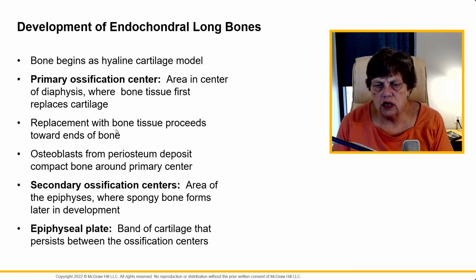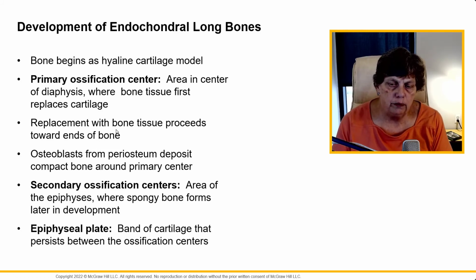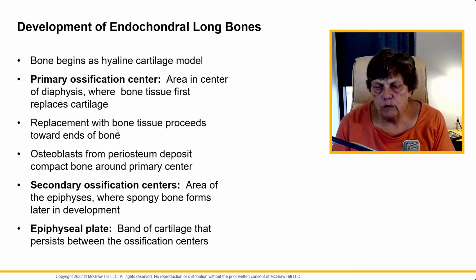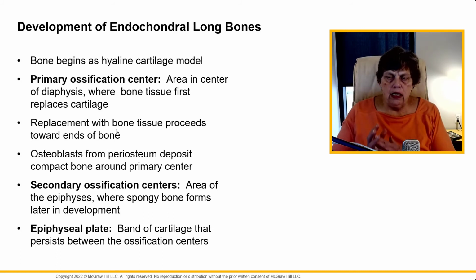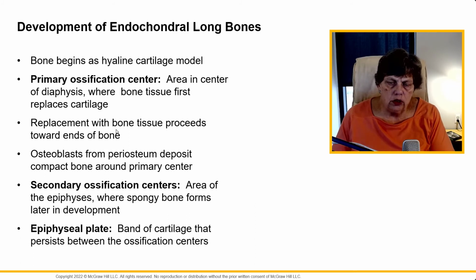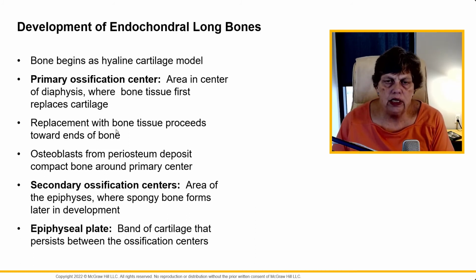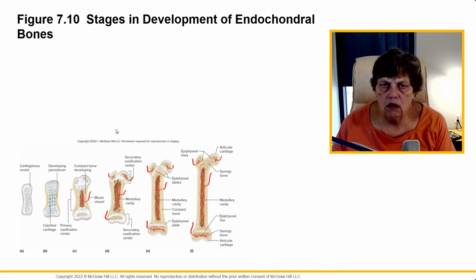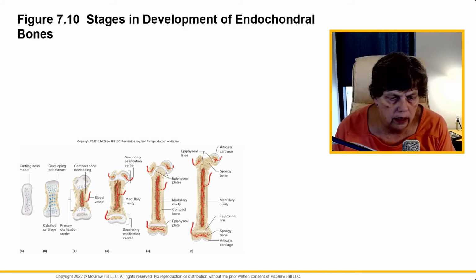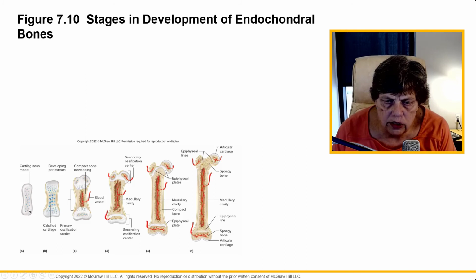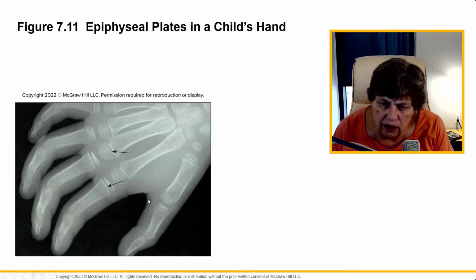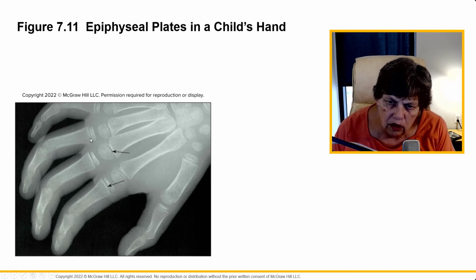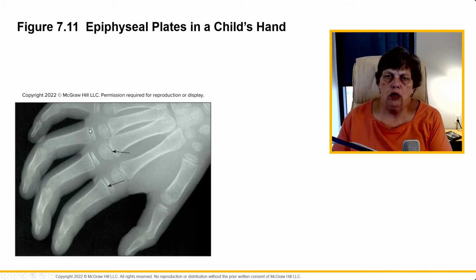These are the areas at the ends of the bones in the epiphysis, where the spongy bone forms later in development, and the band of cartilage between these centers is called the epiphyseal plate, and we can see this in our little humans. All right, so you can see this occurring, and you see that little plate, and you can definitely see these plates right here in the baby, in the child's.